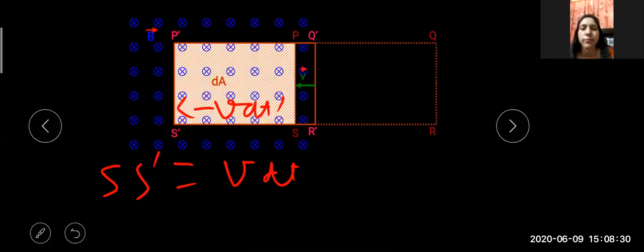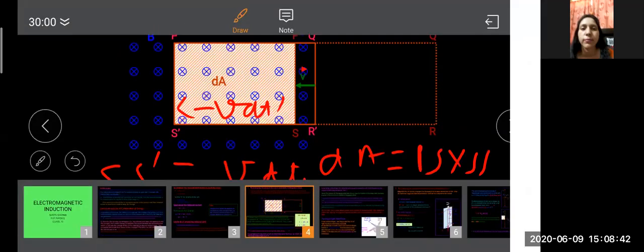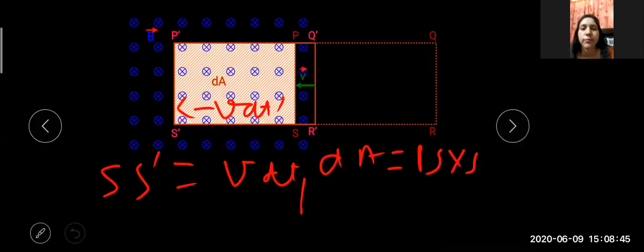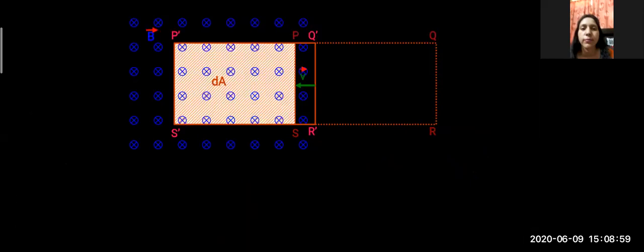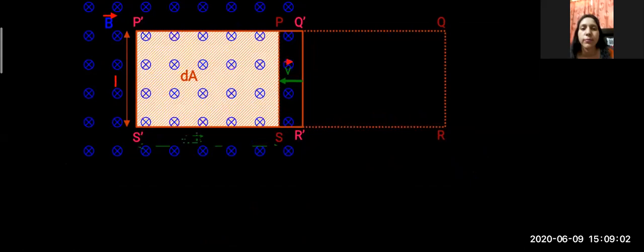Now the change in area dA is given by dA equal to PS into S dash.